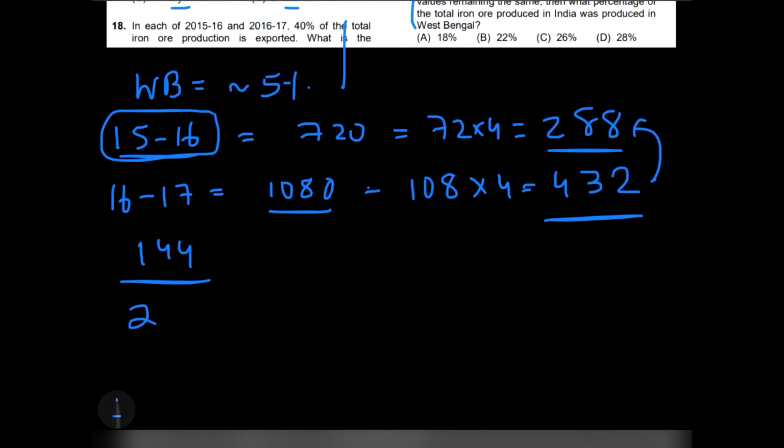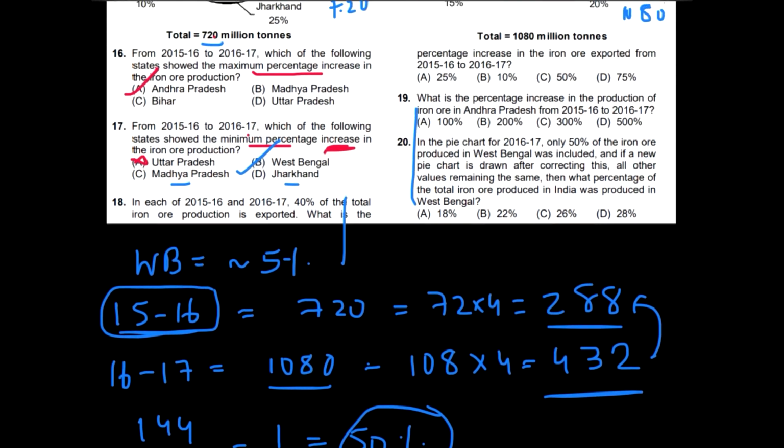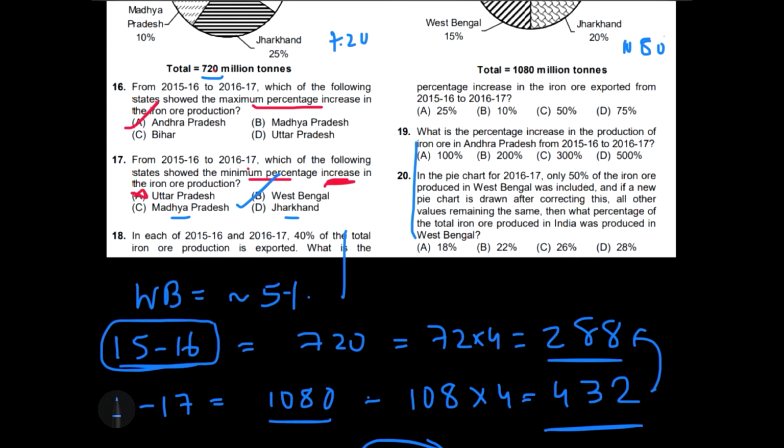So the value I gained is 288. Now if you simplify it further, you will see it is half, and how much is half? Half is nothing but 50%. So that means we can say that the percentage increase in the export will be 50%. And if I go back and check my answers, I could very well see that option C will be my answer for the 18th question.